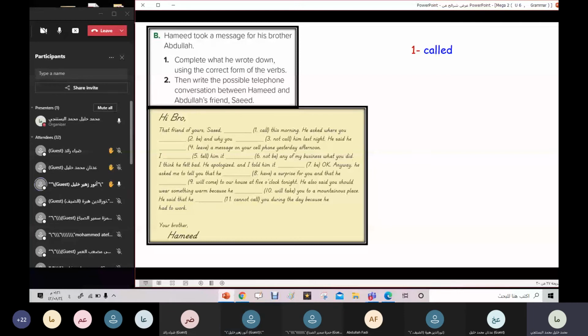Both of them are correct. Good. And why you. Sorry. Nurdin. Number what, teacher? Number 3. Just read it. It is here. Why you hadn't called him last night. Good. Hadn't called him last night.